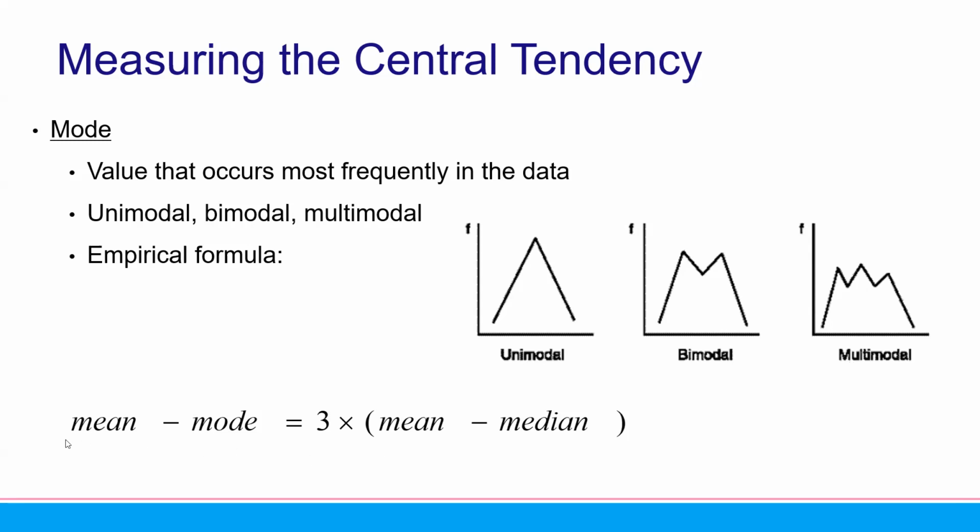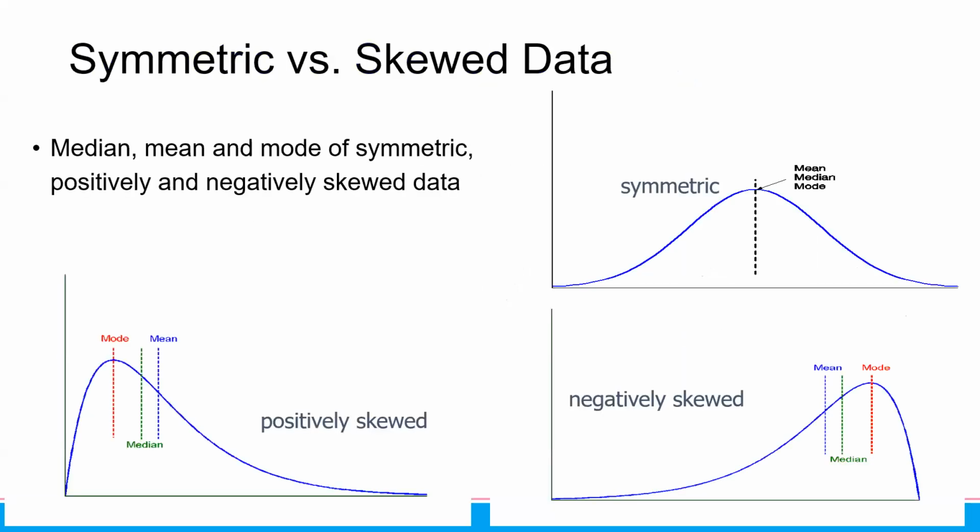We can express the formula something like this one. So the mean minus the mode will be the same as 3 multiplied by mean minus median. Okay, so this is the formula to see the relationship between mean, mode, and median. And when you work with your histogram later, you need to understand also whether the data is symmetric or asymmetric.